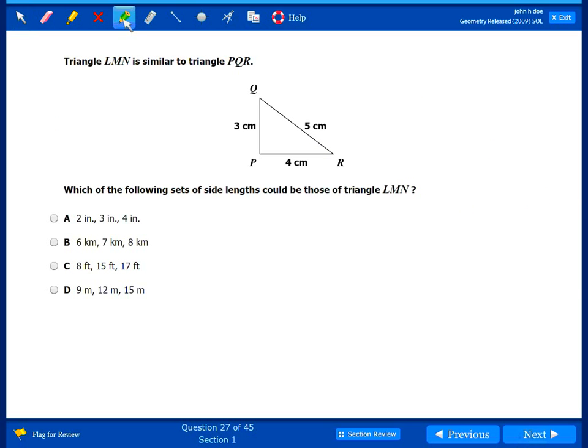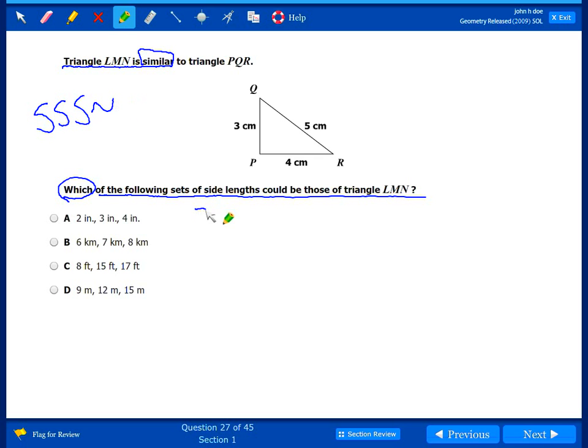So for this problem, it says which of the following sets of side lengths could be those of triangle LMN. Well, what's special about triangle LMN? Triangle LMN is similar to this triangle. So whenever we figure out similarity, we have side lengths, we should be thinking of side, side, side similarity.